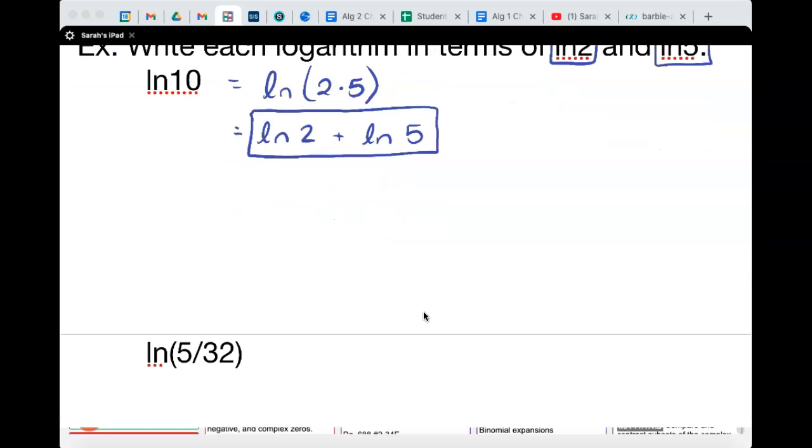So doing the same thing, I have a fraction this time. I still want to write it as natural log of 5 and natural log of 2. So this fraction, I see the 5, but 32, how can I use 5 and 2 to create 32?